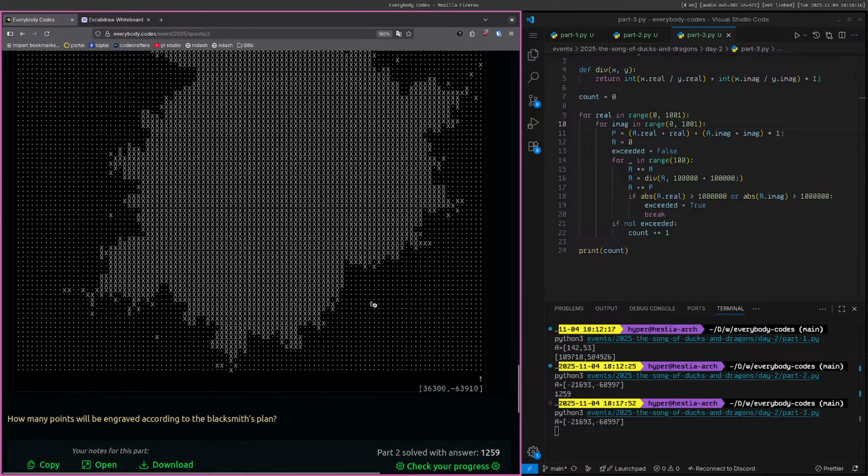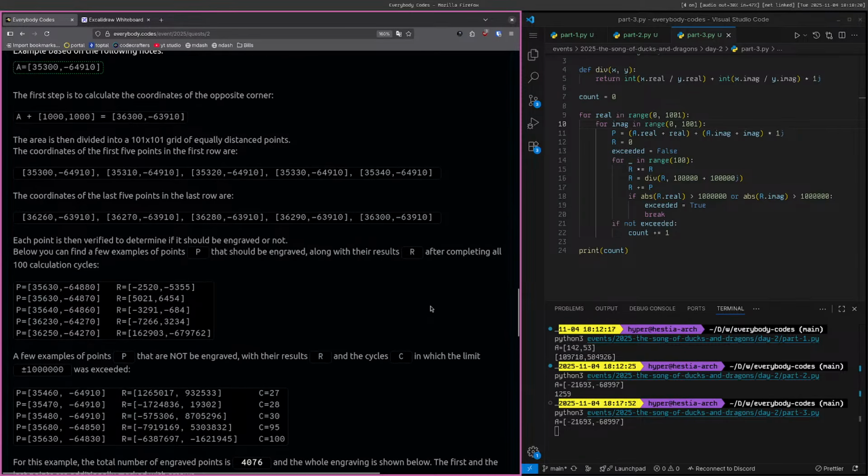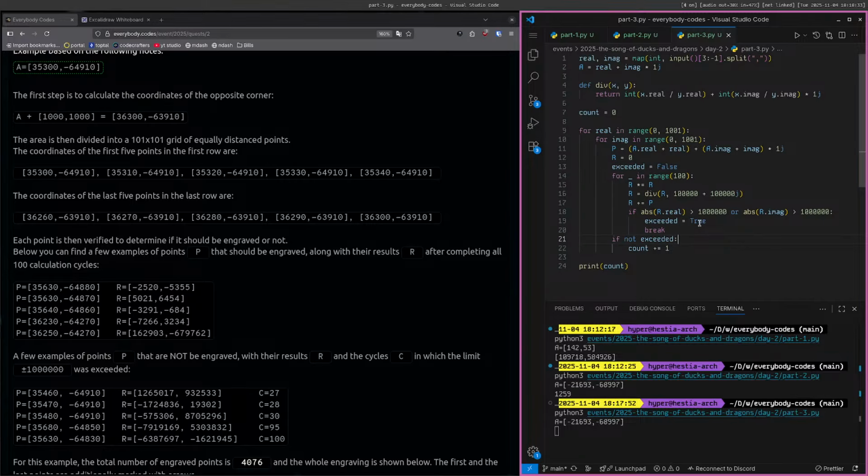Do let me know if any of you have any ideas for ways to optimize this. I can't really think of any off the top of my head that are simple enough to justify using here, but I very well could be missing something. It's been a while since I've worked with complex numbers, so I might be a bit rusty with them.